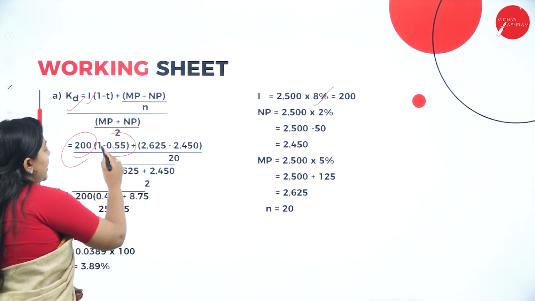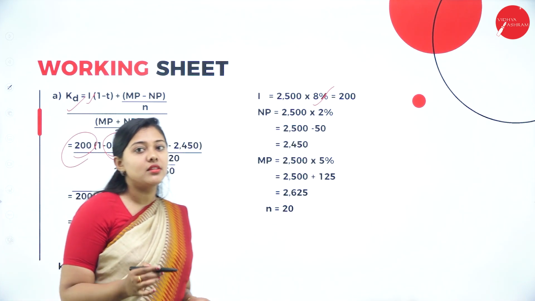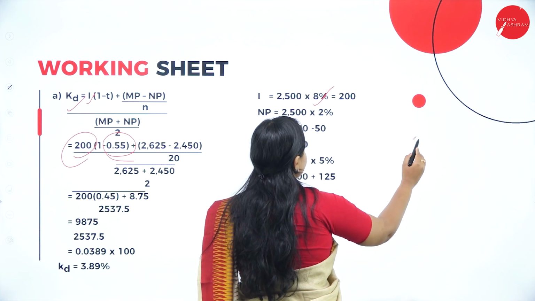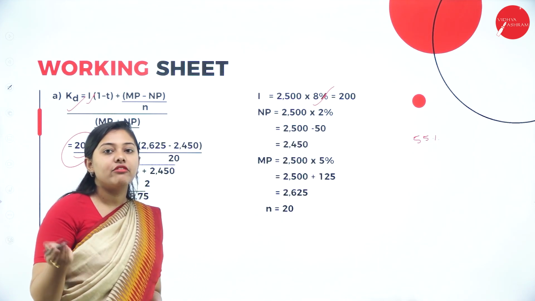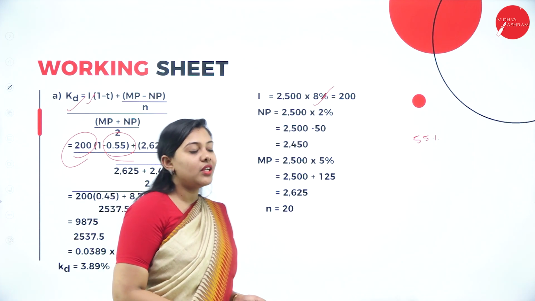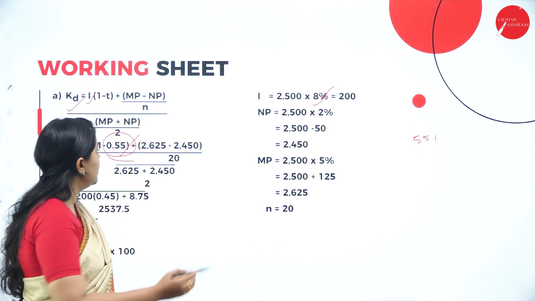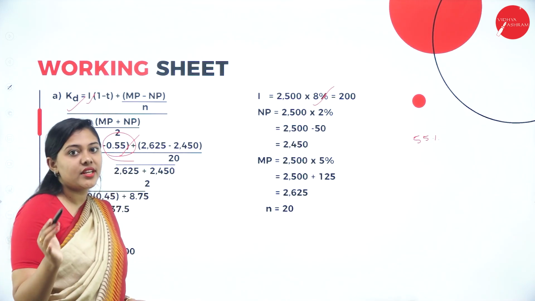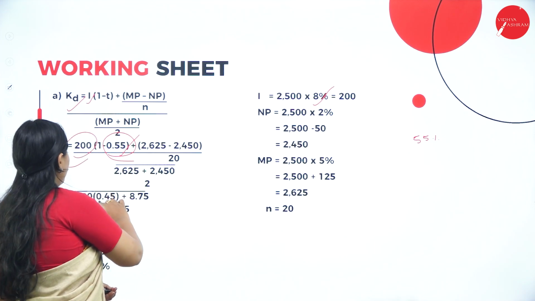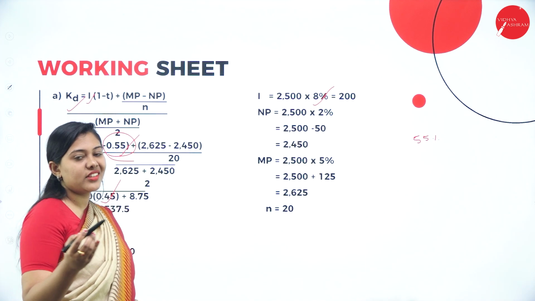The tax rate is 55%. If we convert it into decimal, the tax rate is 0.55. So 1 minus 55% tax will be 0.45.